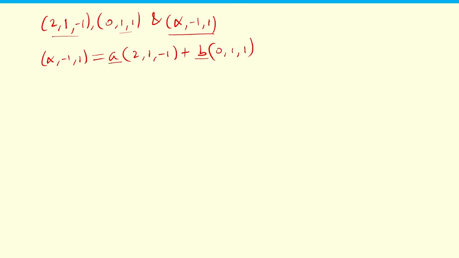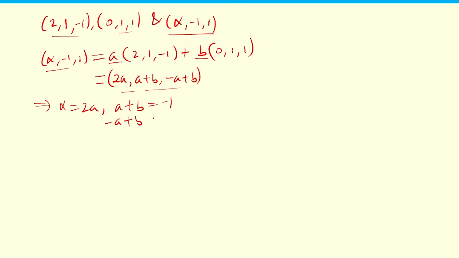So for what value of alpha? From vector scalar multiplication and vector addition, this can be written as (2a, a plus b, -a plus b). The two vectors are equal. From equality of vectors, alpha is equal to 2a, a plus b is equal to -1, and -a plus b is equal to 1.